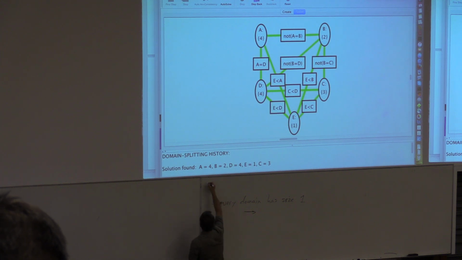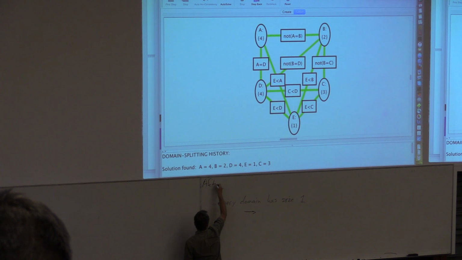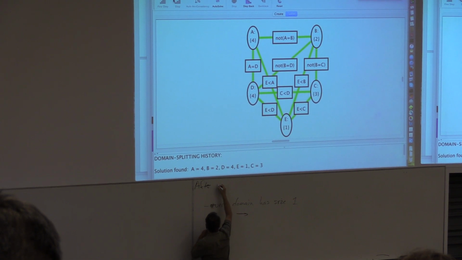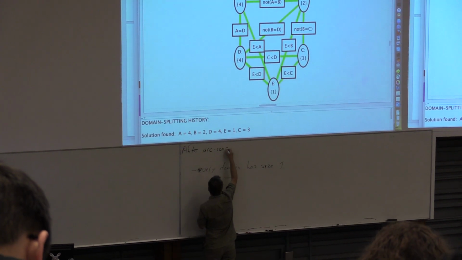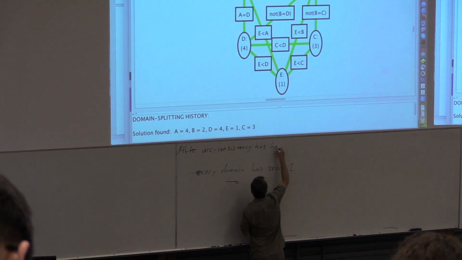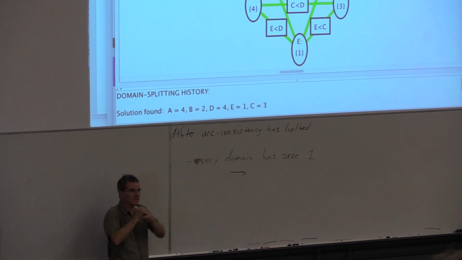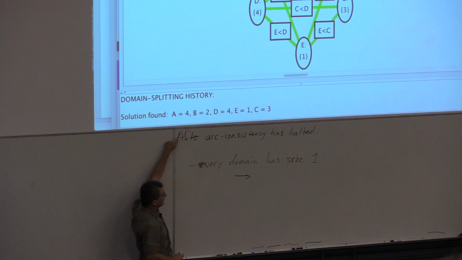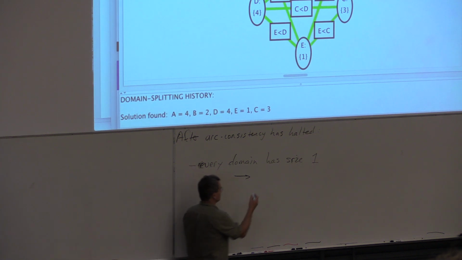This is after arc consistency has halted. So we've run this thing, we've pruned all the domains, and we've got everything arc consistent, and every domain has size 1. What now happens? We found a solution, right?